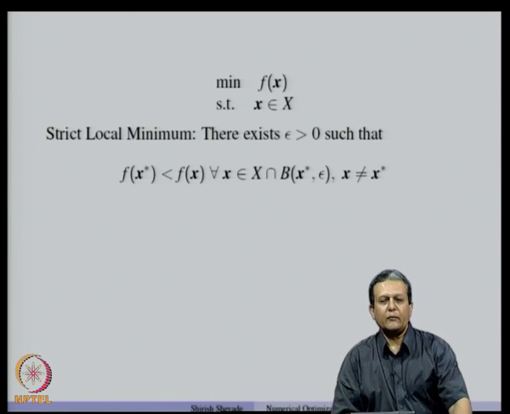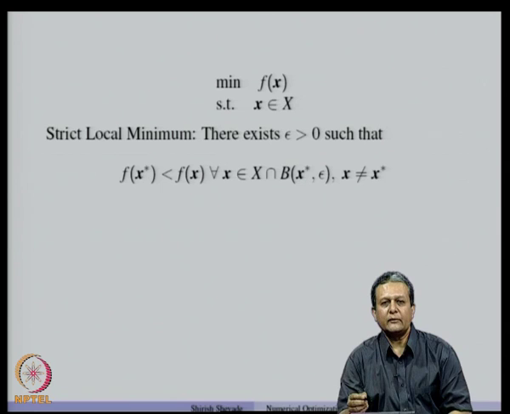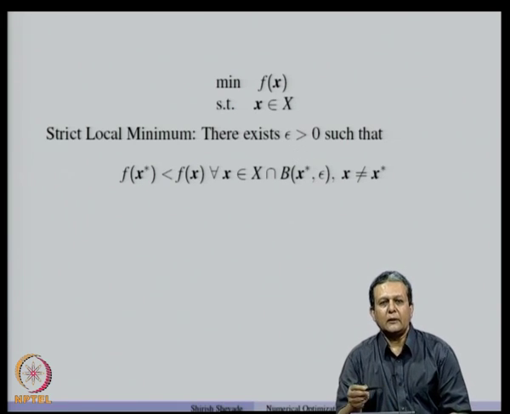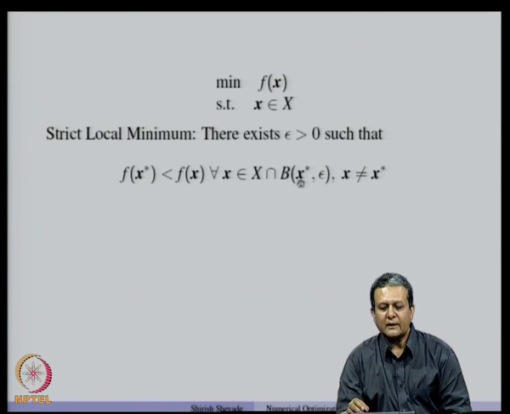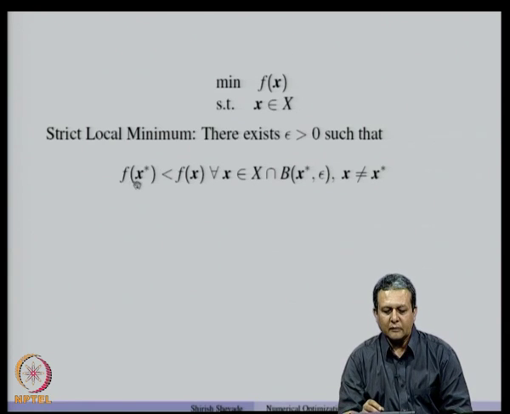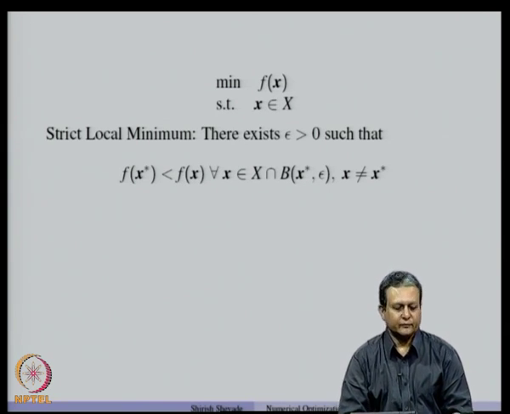Consider this problem and recall the definition of strict local minimum that we discussed in the last class. x star is a strict local minimum if there exists some positive epsilon such that in the epsilon neighborhood of x star in the set X, the value of the objective function f of x star is strictly less than the value of f x for every x in the neighborhood, where x is not equal to x star.